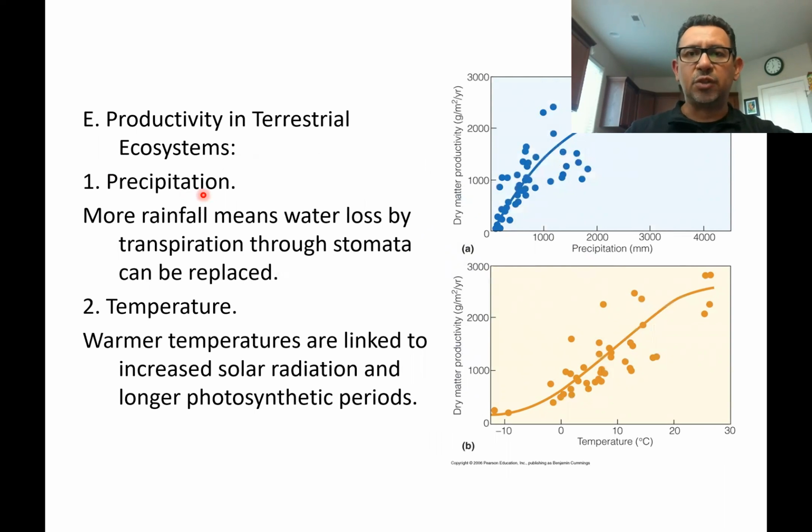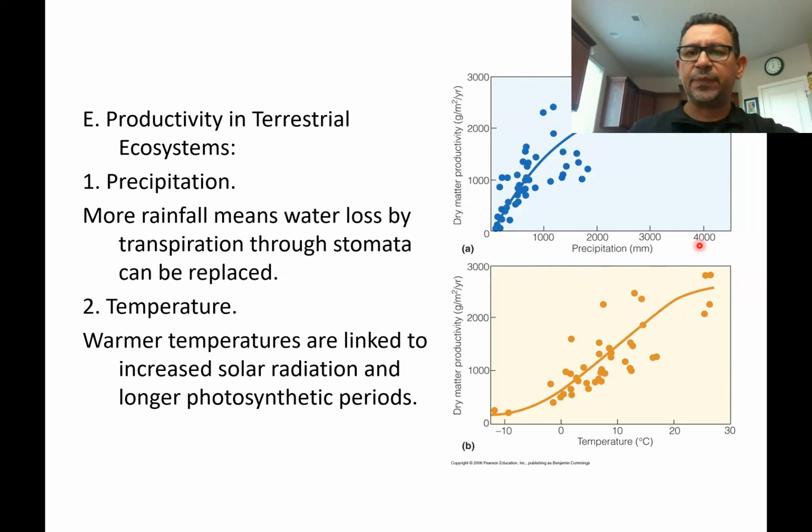Rainfall, snowfall are significant. So you can see how productivity is going to be increasing as precipitation increases. And you can see that in this curve. You can see here on this axis, dry matter productivity, how the productivity goes up as the precipitation in millimeters also increases.